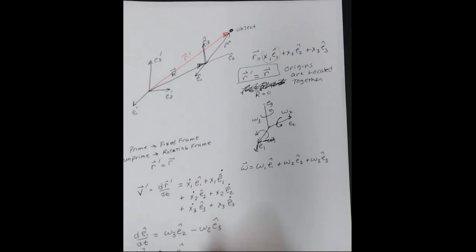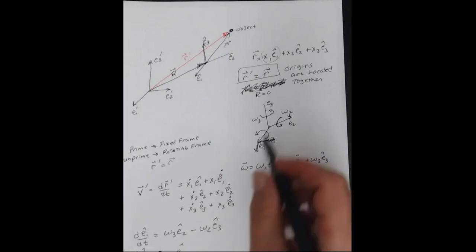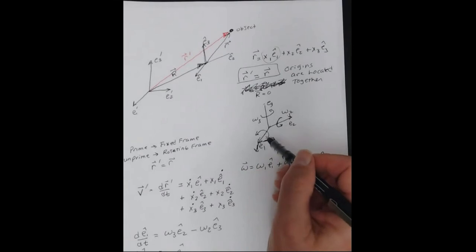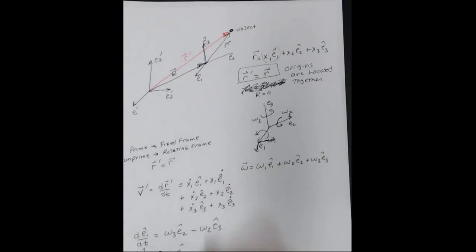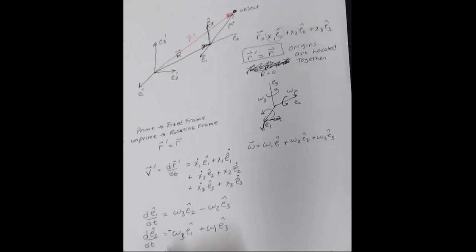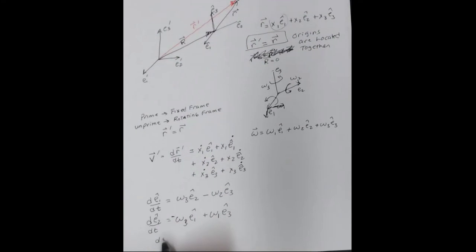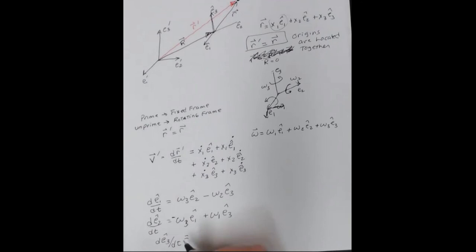And then because of the rotation about E1, it's going to go up towards the E3 direction, so you're going to get plus omega 1 E3. That's what you should get for the change in E2 with respect to time. And dE3 dt, I'll let you figure that out, and I'll write it down here.